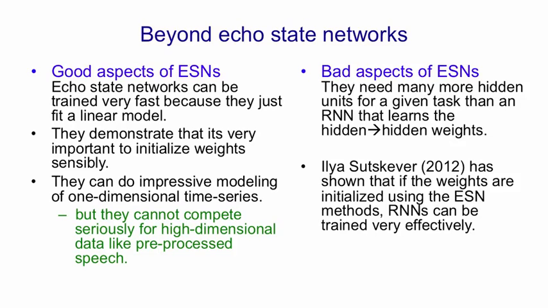But then presumably you could learn even better if you also learned to make the hidden-to-hidden weights better. So Ilya tried using the echo state network initializations, but then training with backpropagation through time. He used RMSprop with momentum, and he discovered that that is actually a very effective way to train recurrent neural networks.